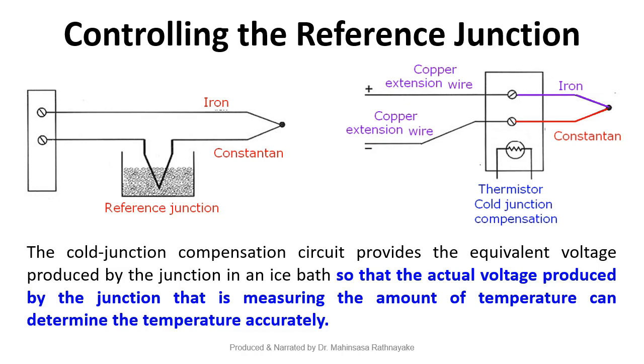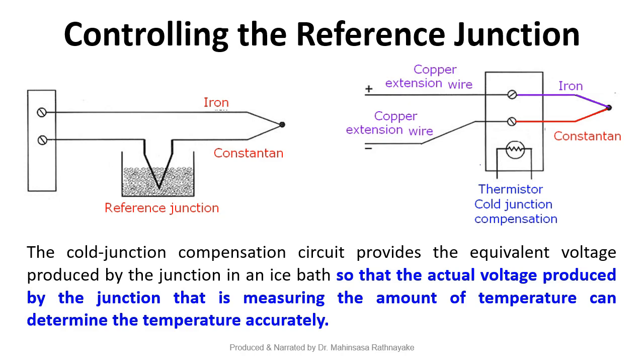That is called cold junction compensation circuit. As you can see in this picture, the cold junction compensation circuit provides the equivalent voltage produced by the junction in an ice bath or other reference junction, so that the actual voltage produced by the measuring junction can determine the temperature accurately.